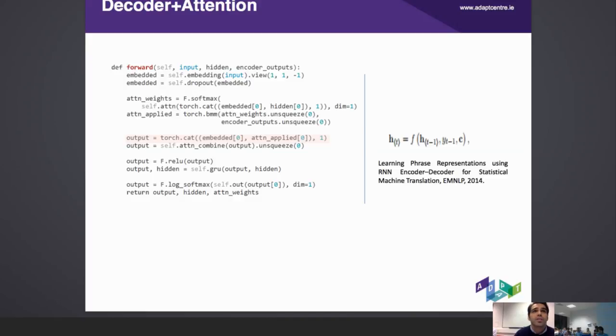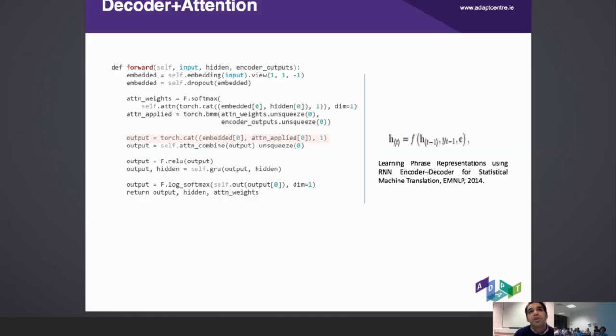This C, the context, is the attention applied here. This Y t-1 is our current word, which we are working on, and we want to generate the next word. And this h t-1 is the previous hidden state that we have here.